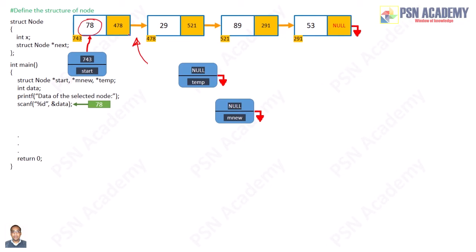So after this node, the new node will be here, so that if this is the first node, then the new node will be the second one, then the existing second node will be the third node now, and this will be the fourth node, and this will be the fifth node. So this is the node after which the user wants a new node to be inserted, because in this node the data part carries 78.